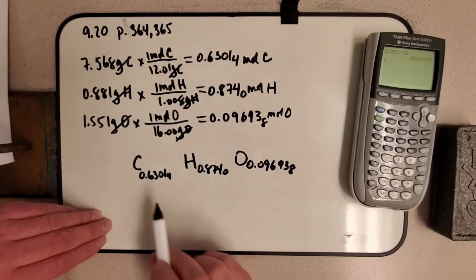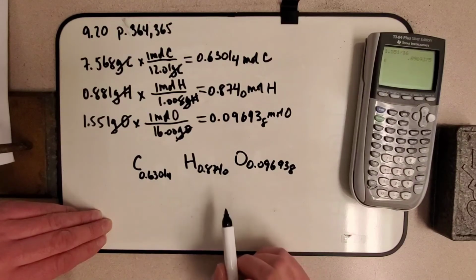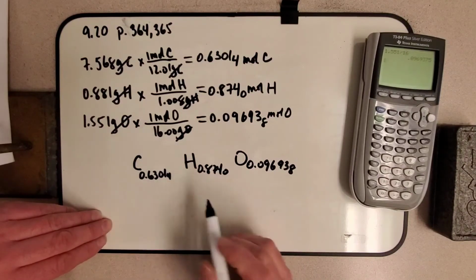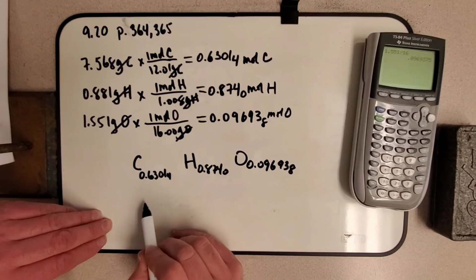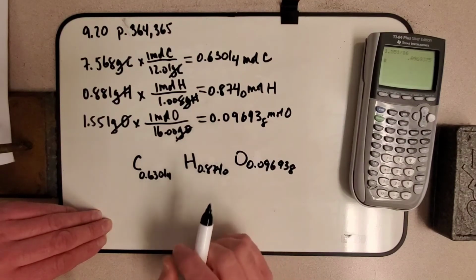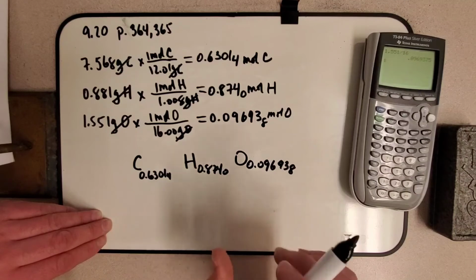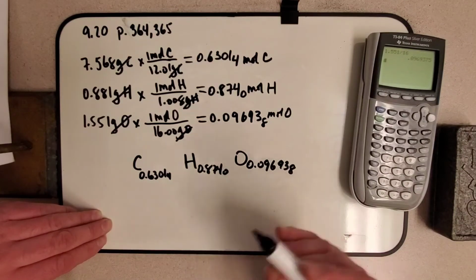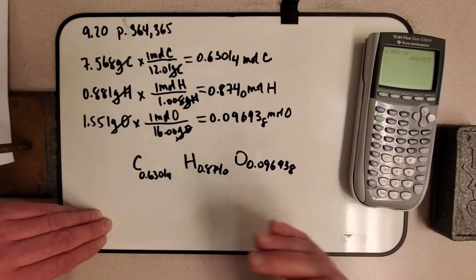Okay, so the problem here is that it cannot be an empirical formula because it has to have the smallest whole number ratios. So remember this step, guys, that I performed with the last problem: I was looking for the smallest number of moles, and I divided the moles of each element by that number.